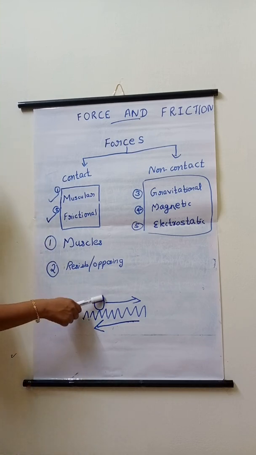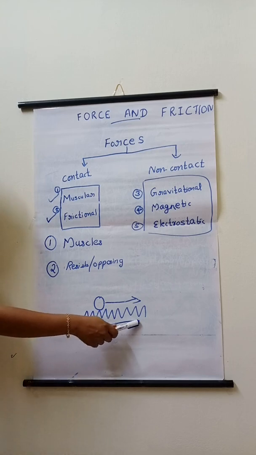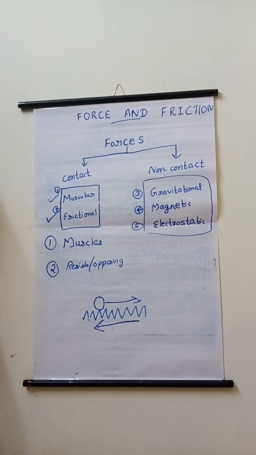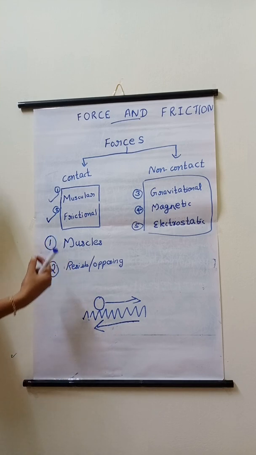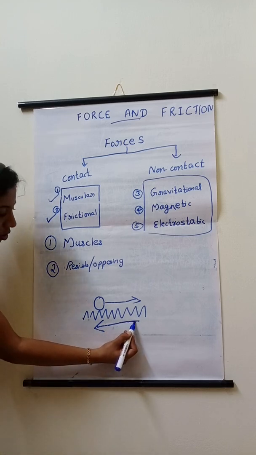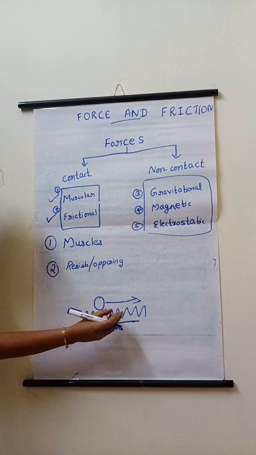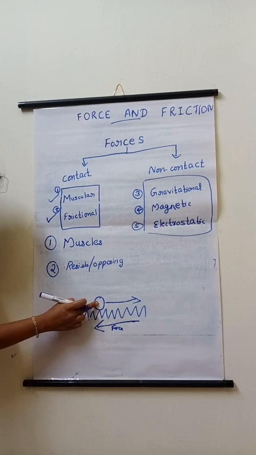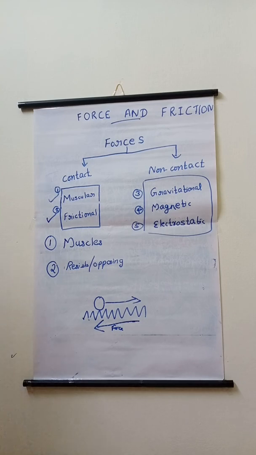So when the ball is trying to move in this direction, the surface is producing a frictional force in the opposite direction. So the ball's speed slows down and finally it will stop. So this force which resists or opposes the motion of the ball is known as frictional force.